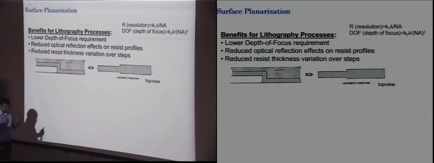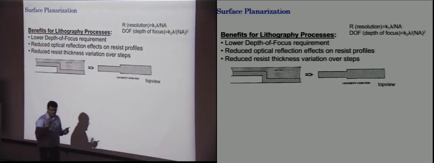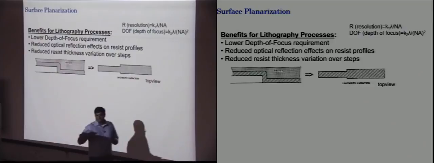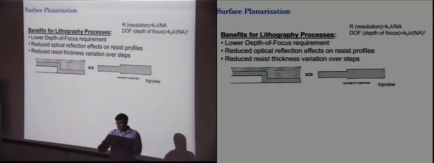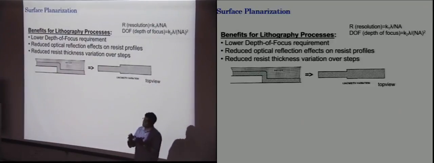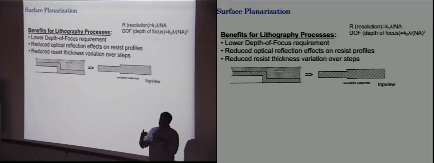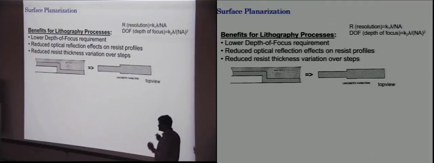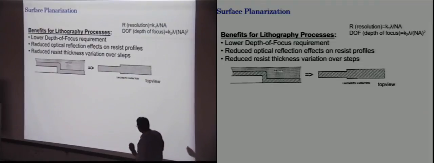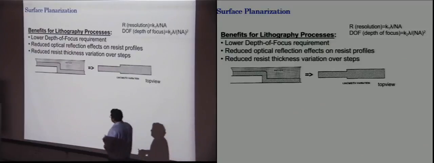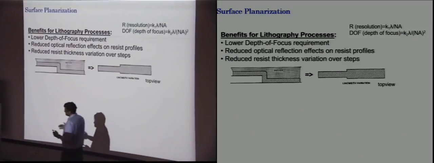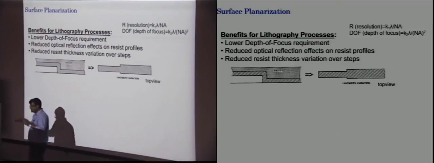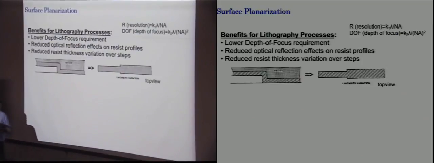So if you're taking a photograph of one component versus 3 components kept separate apart, it may not be possible to get all the 3 things in focus. Sometimes you can only focus on one thing. If you can only focus on one thing, that means your depth of focus is very small. So if you want to have a proper pattern being generated on a rough wafer with height differences, you need to make sure your depth of focus is high.